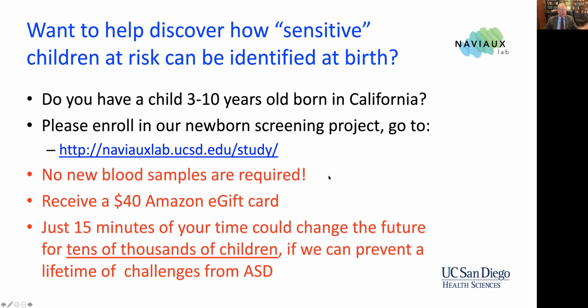There are no new blood samples required. All this is, is us getting parent permission to go back in time to the dried blood spots that were collected and stored at the time of birth of your child in California, to measure over 1,000 different chemicals in those dried blood spots. So there are no new samples required. You get a $40 Amazon gift card, and it takes only 15 minutes to fill out the forms.